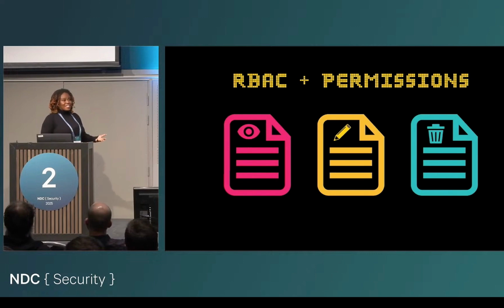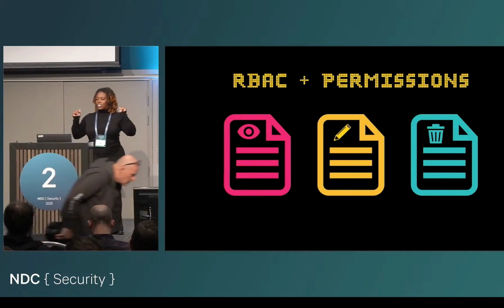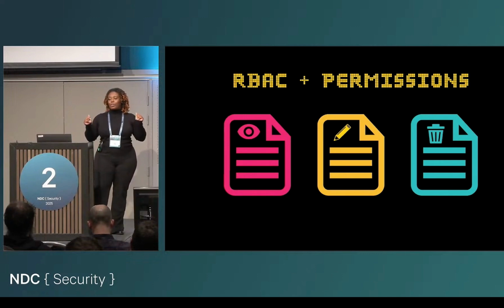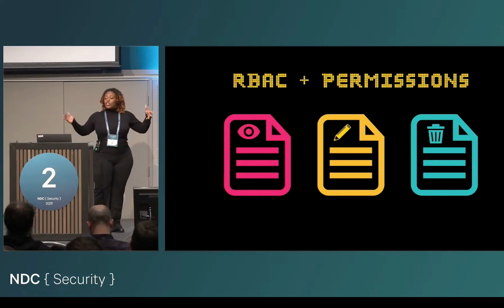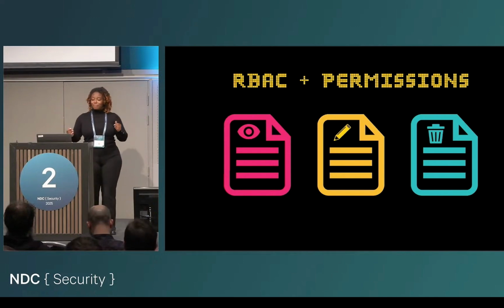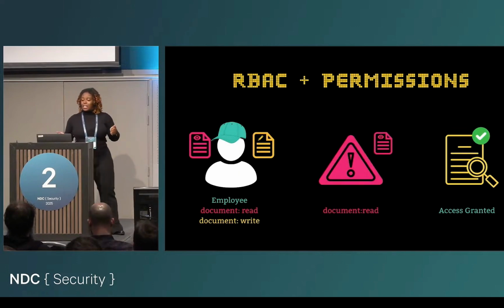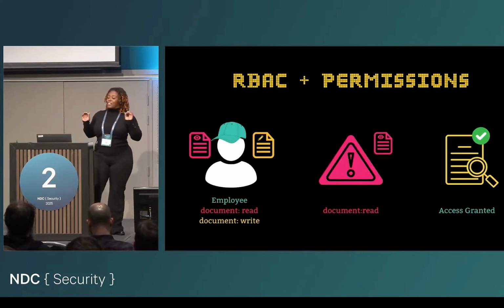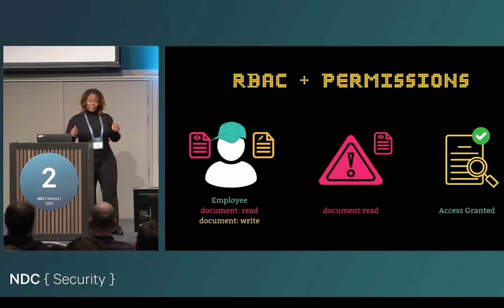Another possibility to help mitigate that is to address this problem using RBAC with permissions. So instead of specifying a role, you're specifying the permissions in the access token. So in this case, instead of specifying roles, the rules say that the user must have the document read permission to access the resource.